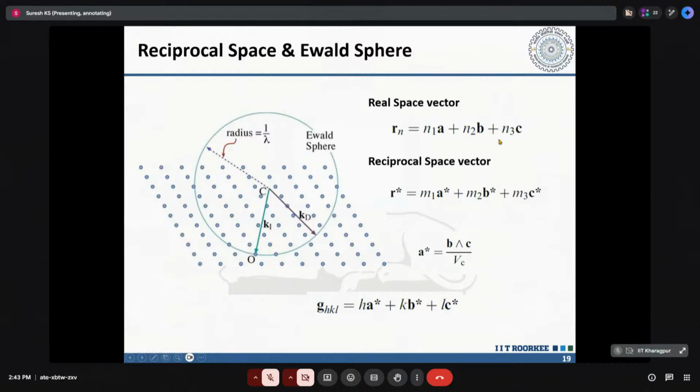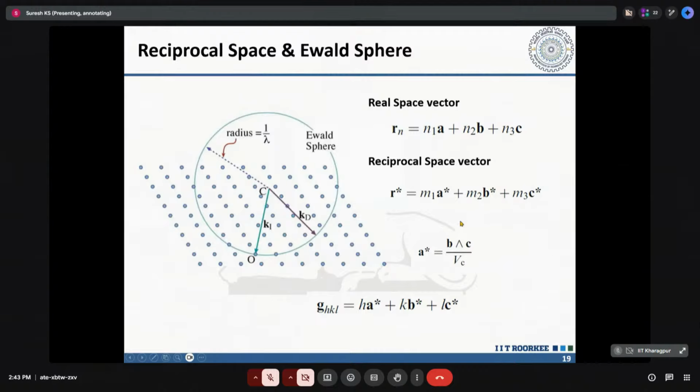Now for reciprocal space, instead of A, B, C we have A star, B star and C star, where A star, the reciprocal lattice vector, is defined in terms of the real space vectors as B cross C divided by the volume of the unit cell. Similarly, B star is C cross A divided by the volume of the unit cell, and C star is A cross B divided by the volume of the unit cell.